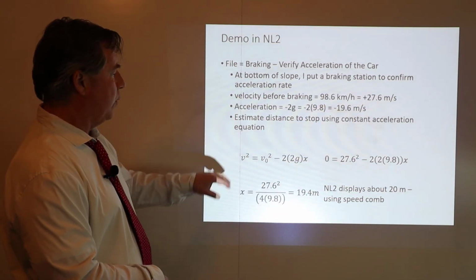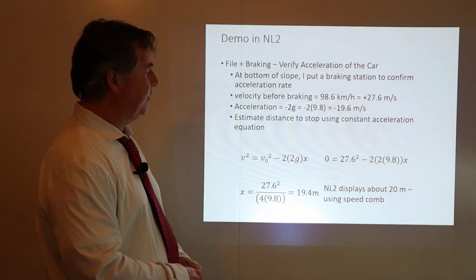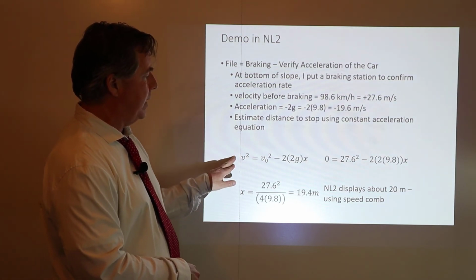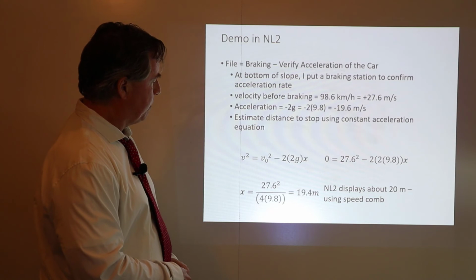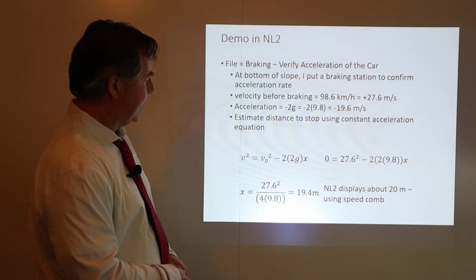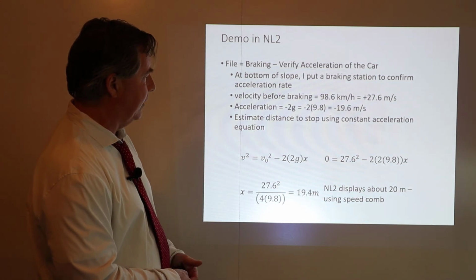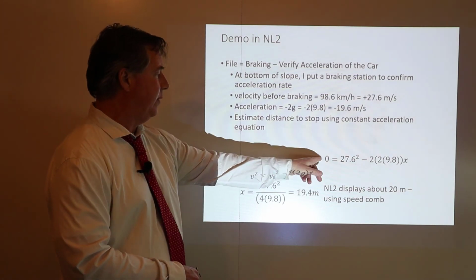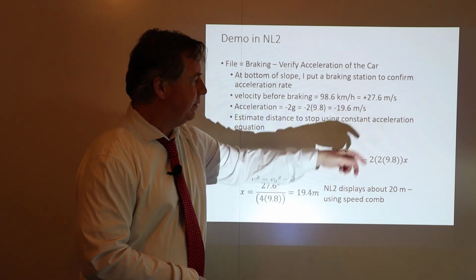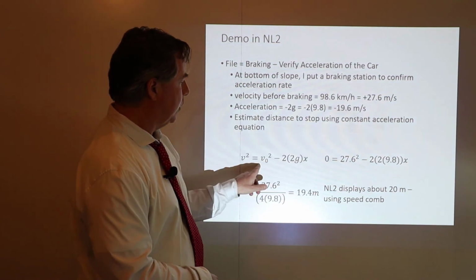Now I'm going to plug it into this equation. This equation can be derived from Newton's second law of motion, F is equal to ma. In another video, I actually do that. So this is the equation I'm going to use. I'm going to plug in everything that's relevant to this problem. The final velocity is 0. The initial velocity is 27.6. We're going to square that.